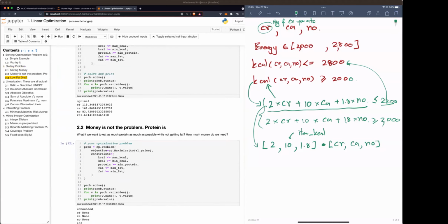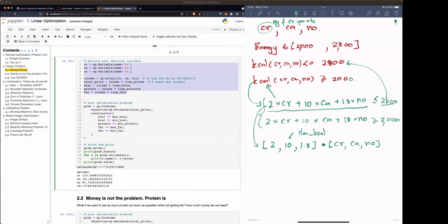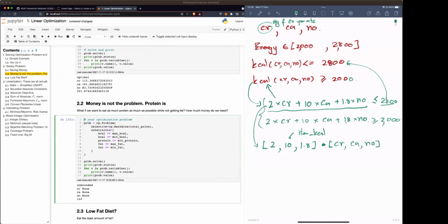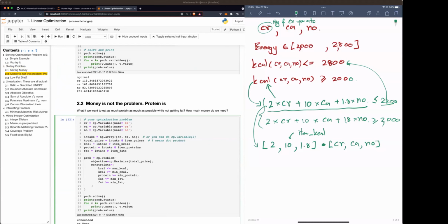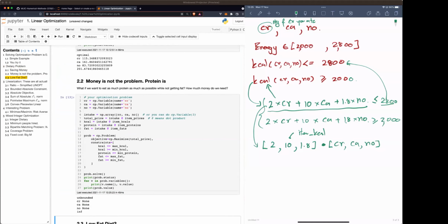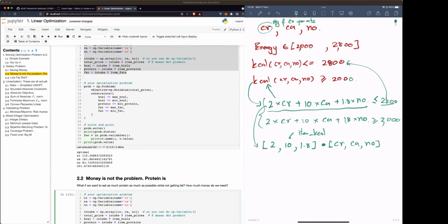What did I do wrong? We define the variable, maybe. Wait, I just copied the whole thing.